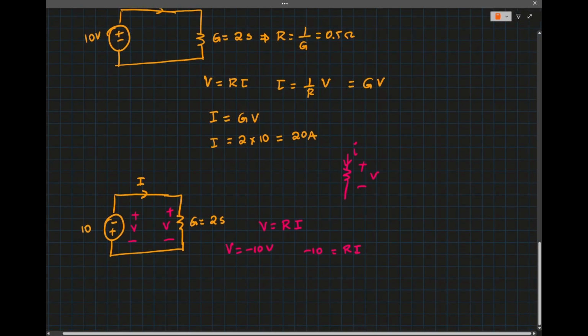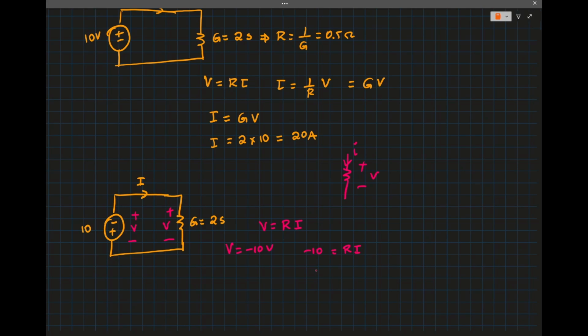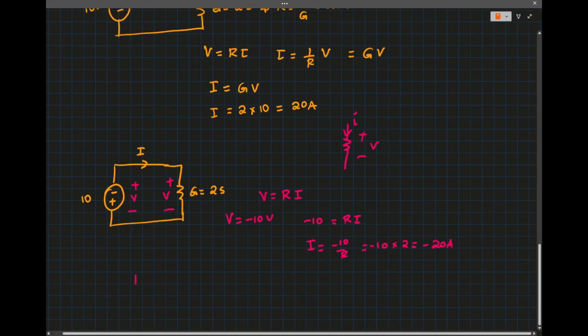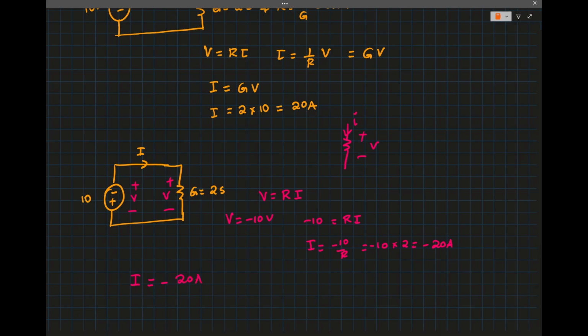That means we can find the current I, which is negative 10 over R, and negative 10 times 2 is negative 20 amps. So the current I is negative 20 amps.